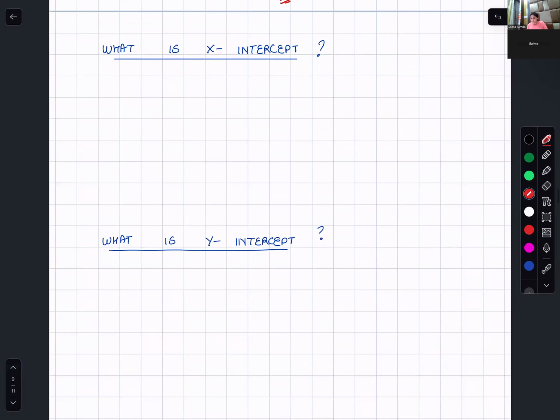Now, tell me what do you understand by x-intercept and y-intercept? When I say x-intercept, it means the point at which the line crosses the x-axis.